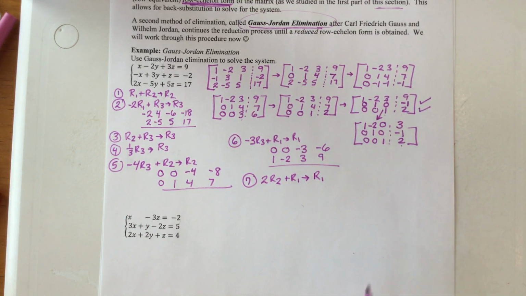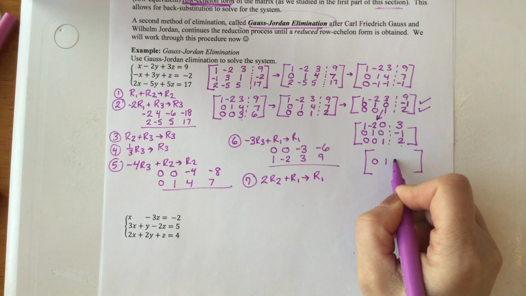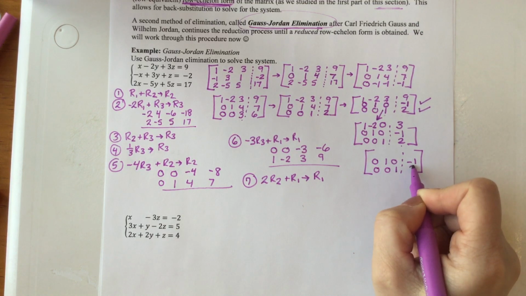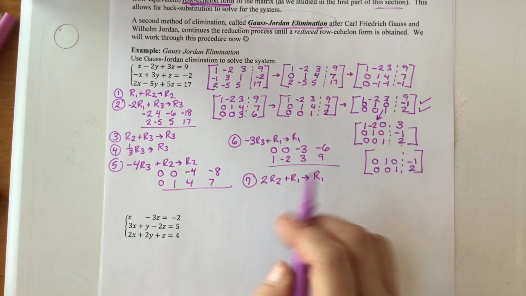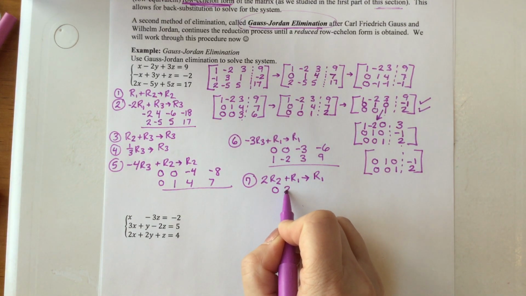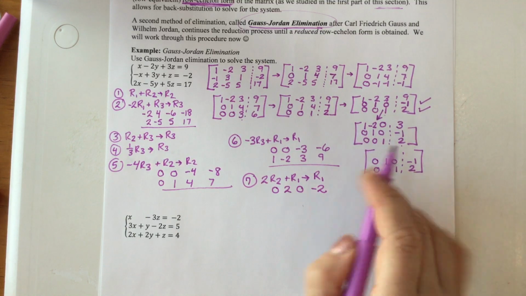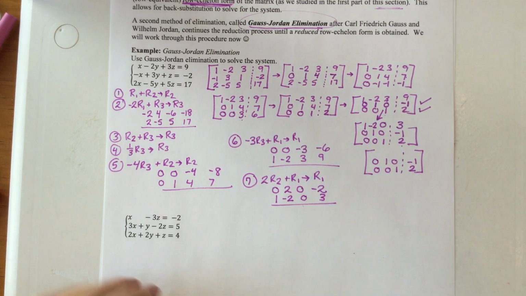I need that 0 to be in row 1. So again, my second row stays. My bottom row stays. To get my new row 1, take row 2 times 2. So it's 0, 2, 0, negative 2. Add it to row 1. 1, negative 2, 0, 3.